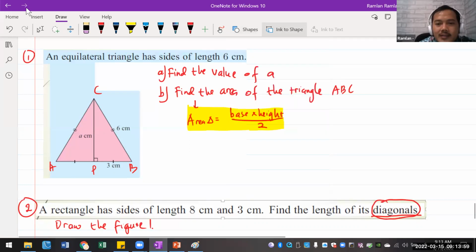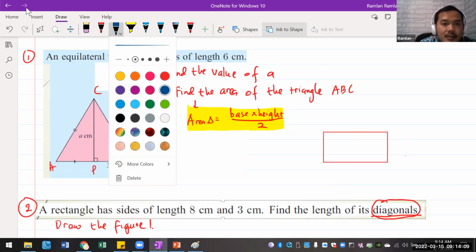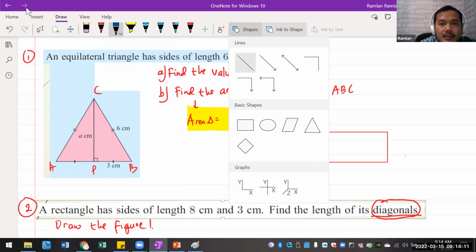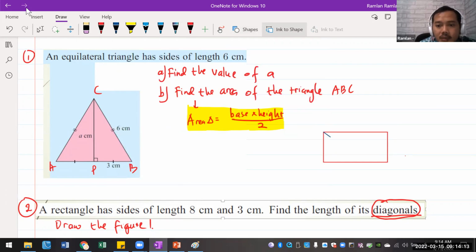Jadi actually guys, it's the same exact thing like we did for number 1. Example number 1 is the same exact thing, right? We have a rectangle and then we have a diagonal. Diagonal is a line that is inside the shape, from here, for example, and for here. So that is a diagonal, right? So you find the length of this blue line that I just drew.